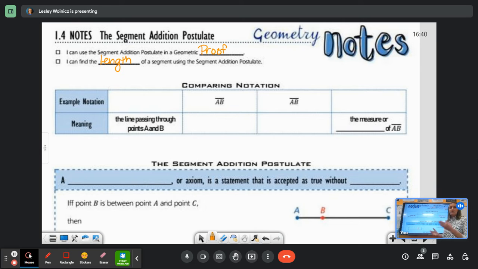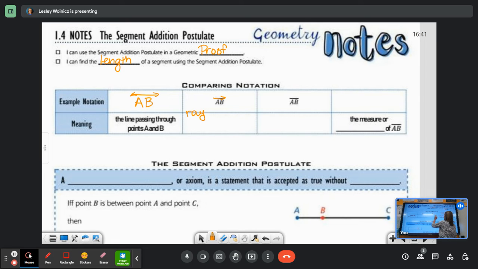I want to do a little bit of comparing notation before we talk about the postulate. If I want to say a line passing through points A and B, I want to say line AB, and I need the little arrows on that bar. If I only have one arrow on one end of the bar, remember that this is a ray.